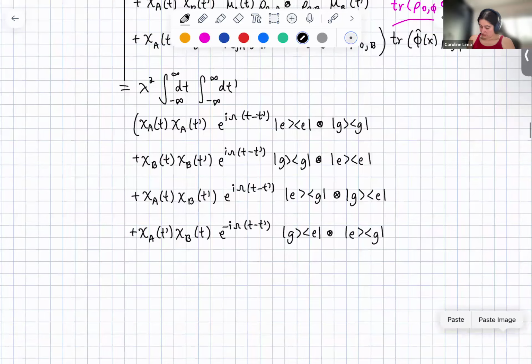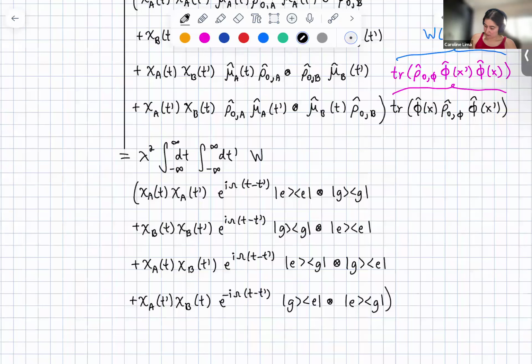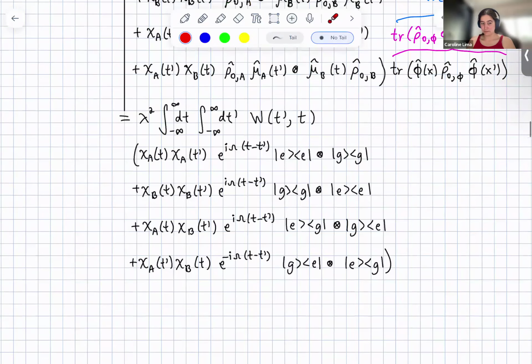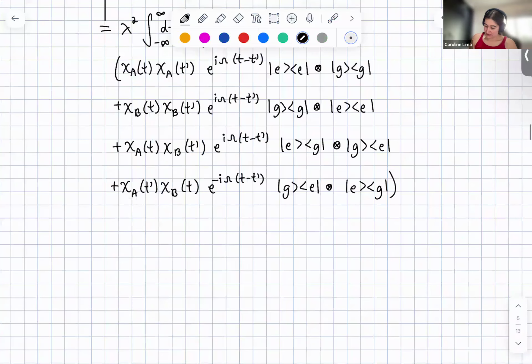Okay, so this is the final expression times, oh, I forgot to write the Wightman, so let me write the Wightman function here. Wightman of T prime, T, okay? If you're copying, don't forget to add this Wightman function here. Okay, so after all of this, I'll finally swap the T and T prime.